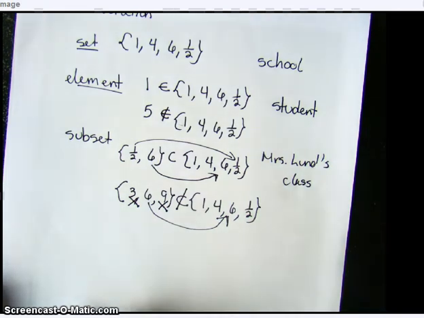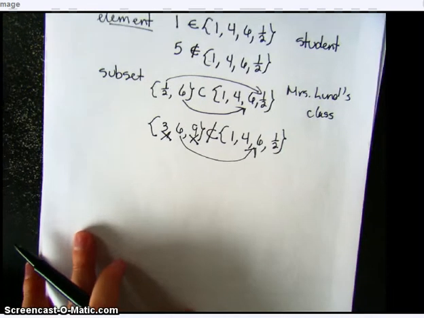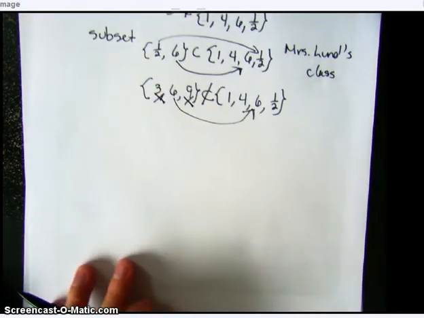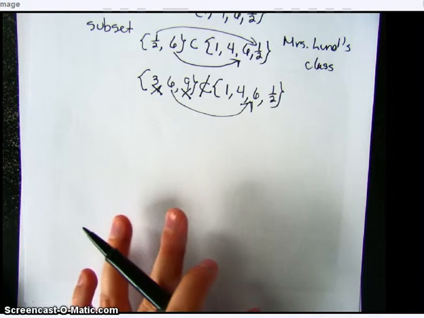Some things I might ask you to do with set notation is tell me if the element is part of the set or not, tell me if the subset is part of the set or not, or I might ask you to just list out a set.